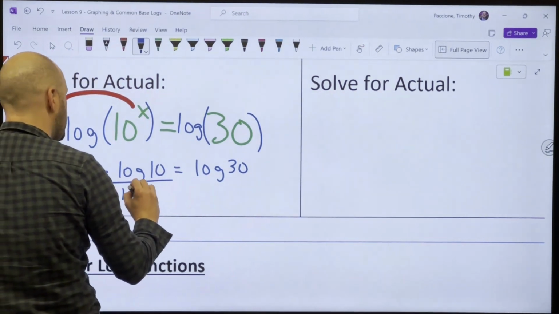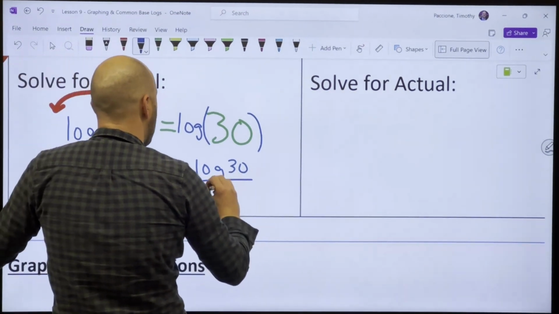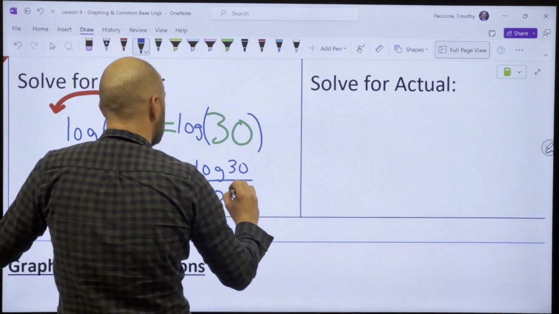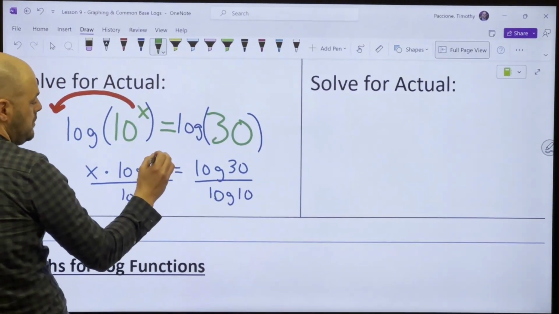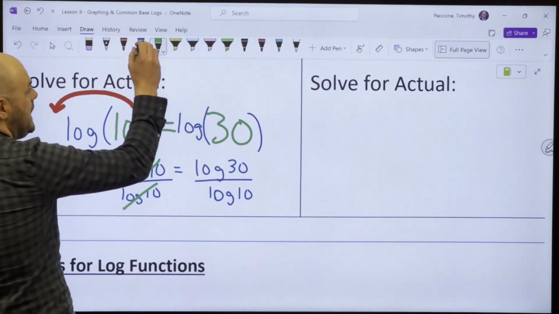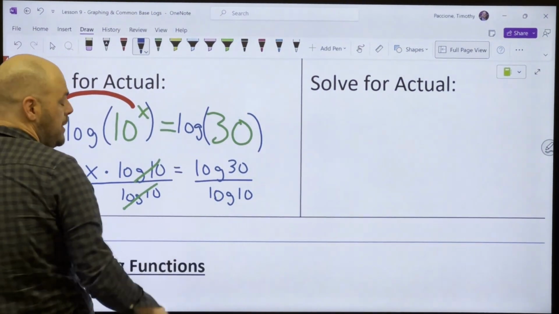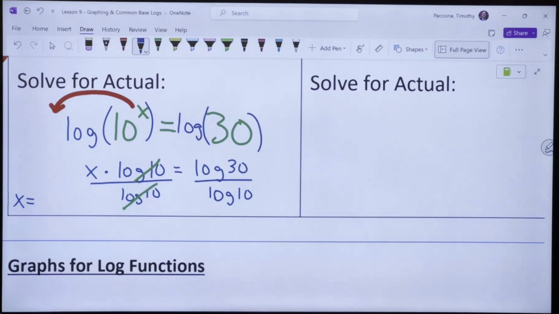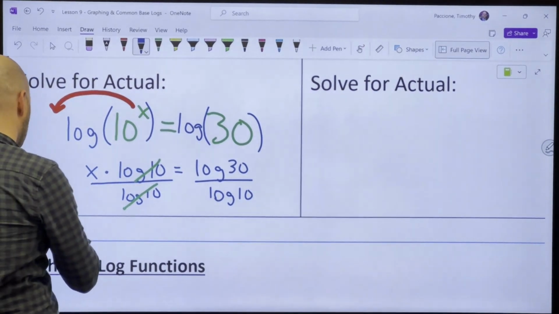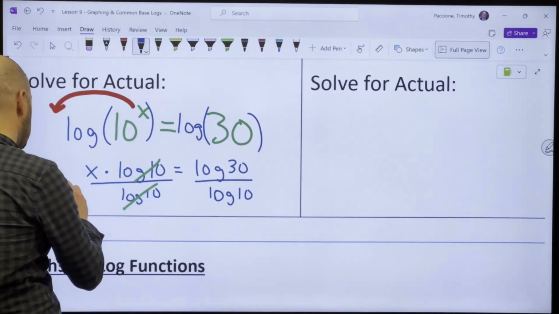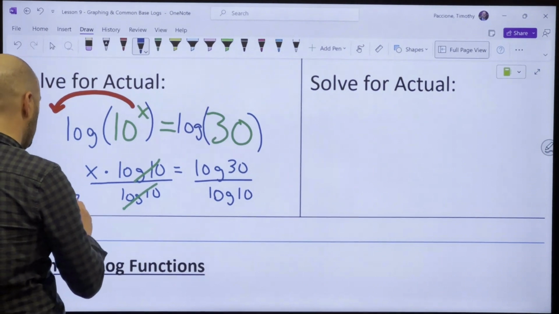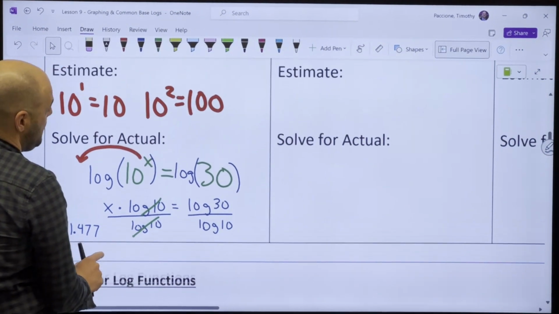Divide by log of 10 on both sides, and I'll have just x, because these will cancel. I end up with x equals log of 30 divided by log of 10, in my calculator, which is 1.477.